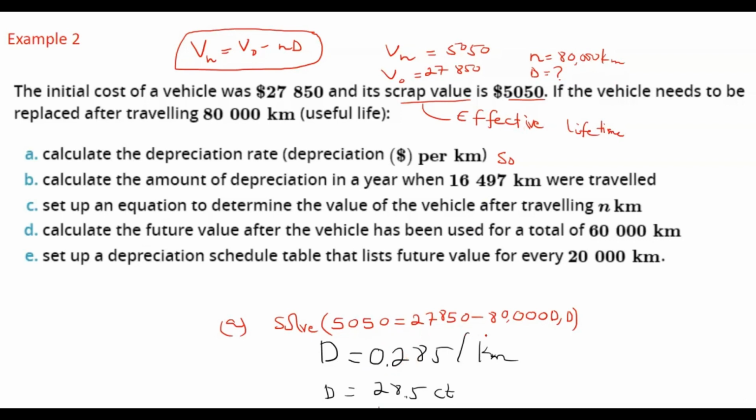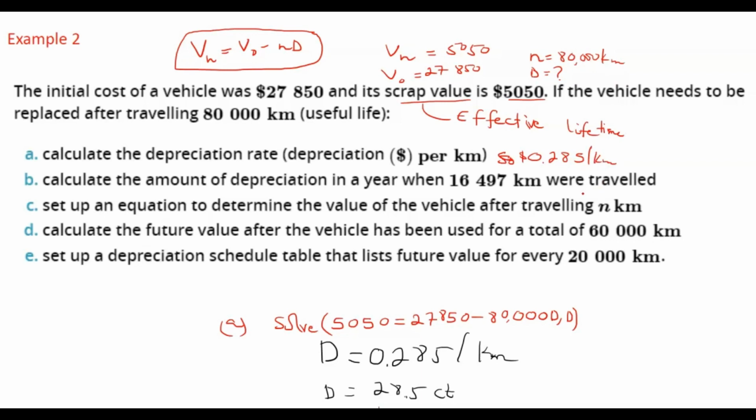Similar to what I did before, I'm just going to use the solve. So the car is actually depreciating every time by 28.5 cents per kilometer. So that's going to be 0.285 dollars every kilometer.